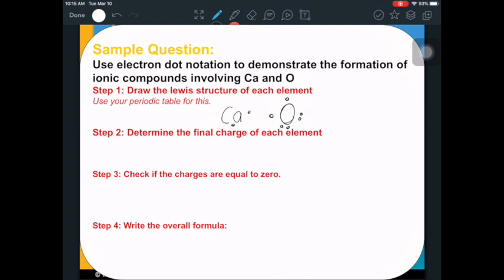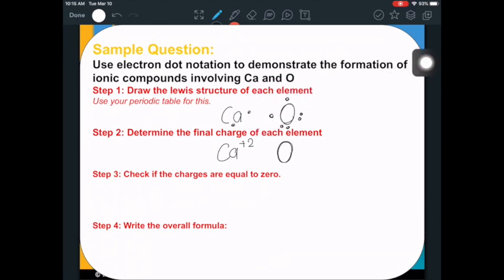So if I look at these, I know that calcium needs to lose 2 electrons to be happy, and oxygen needs to gain 2 electrons to be happy. So I'm going to figure out what my final charges of my elements should be. Calcium needs to lose 2 electrons, so calcium should be +2, and oxygen needs to gain 2 electrons to gain a full octet, right?